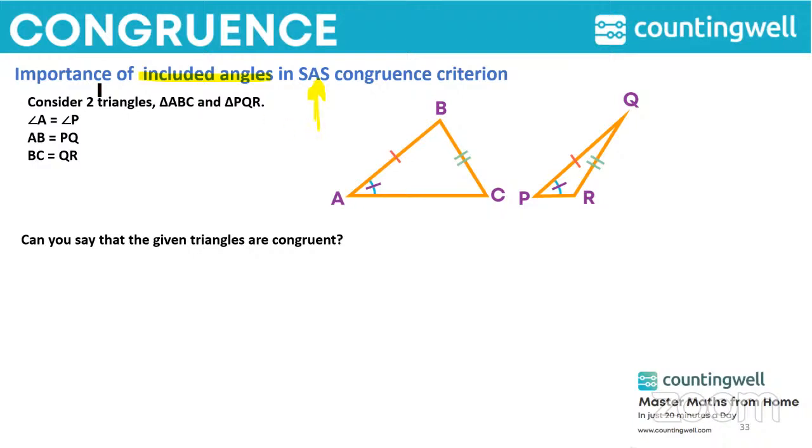So here, if you consider two triangles ABC and PQR, with angle A equal to angle P, AB equal to PQ and BC equal to QR, these two triangles are not congruent because angle P is not lying between the sides AB and BC. Similarly, angle P is not lying between PQ and QR.